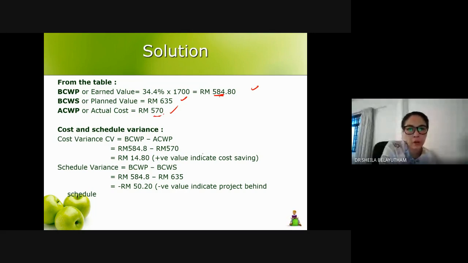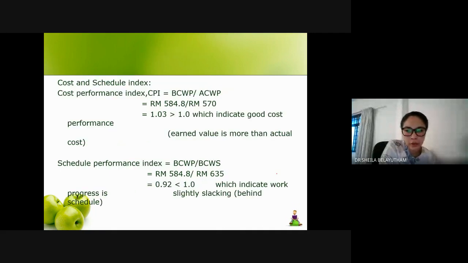So it gives you a positive value in terms of cost, and a negative value in terms of your schedule. And from there, you should be able to get your indices: your cost index, which is more than 1, and your schedule index, which is less than 1.